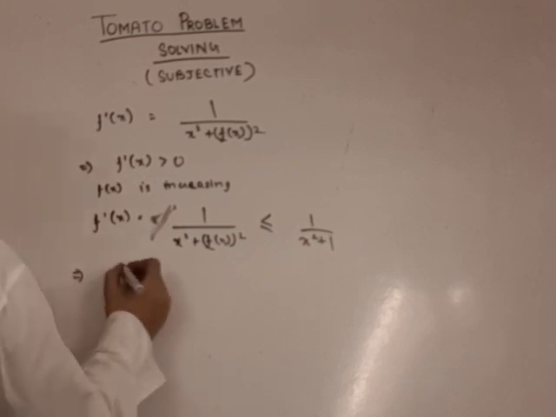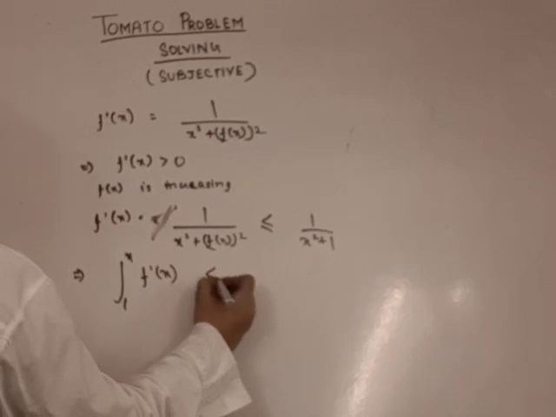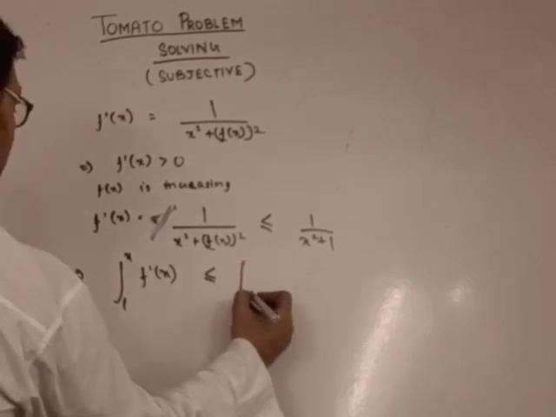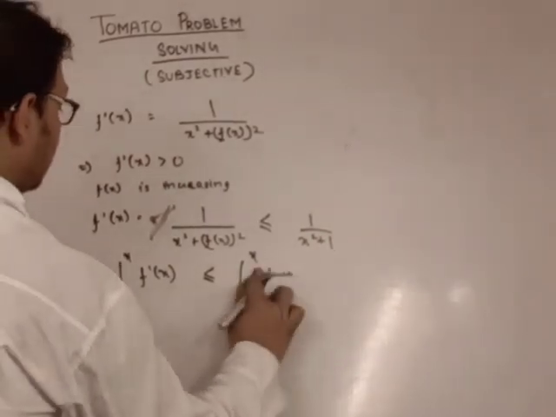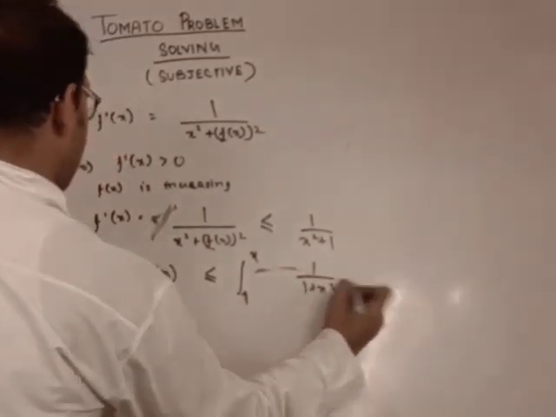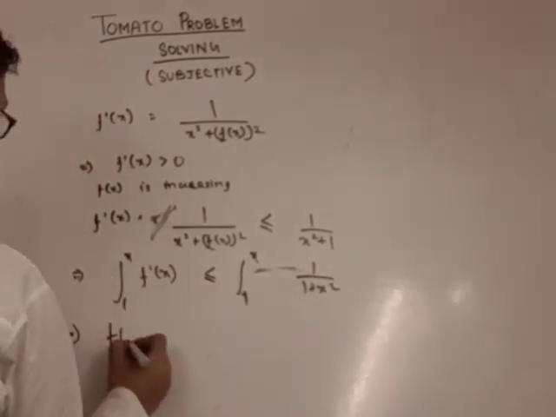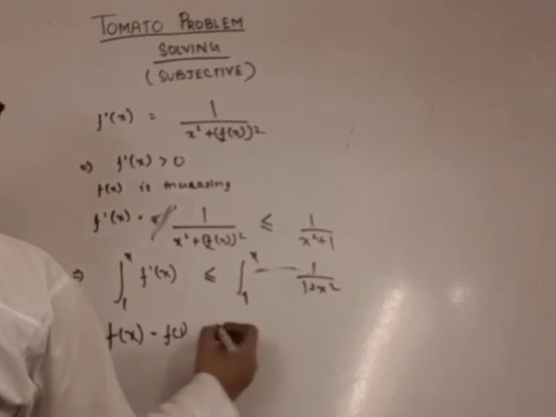This can further be integrated over the interval from 0 to any arbitrary x, and the sign of the inequality remains the same. 1 by 1 plus x squared. What is the integration? This integration is f(x) minus f(1).